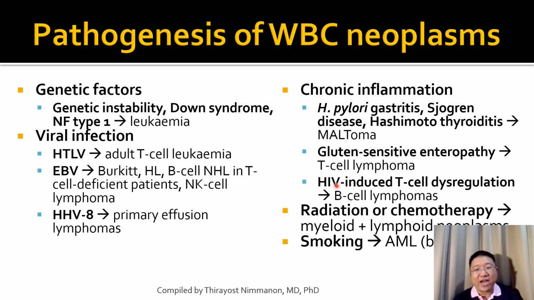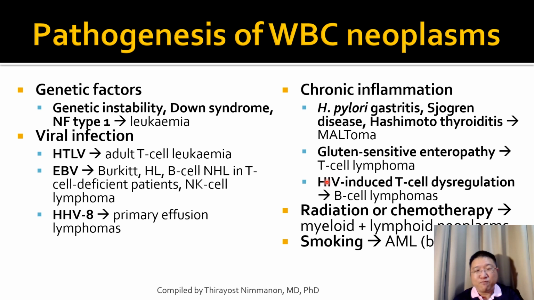And also HIV-induced T-cell dysregulation will cause B-cell lymphomas. Not only due to T-cell dysregulation, but HIV patients are prone to be infected by other agents. For example, EBV infection is also common within HIV infected patients.